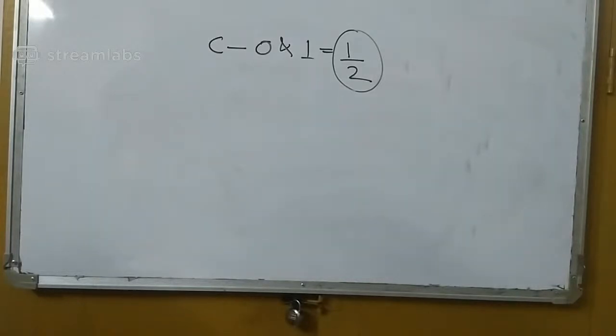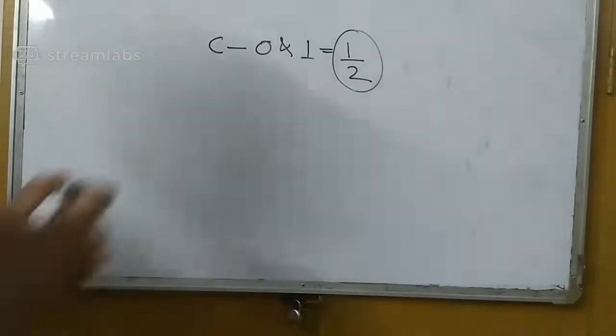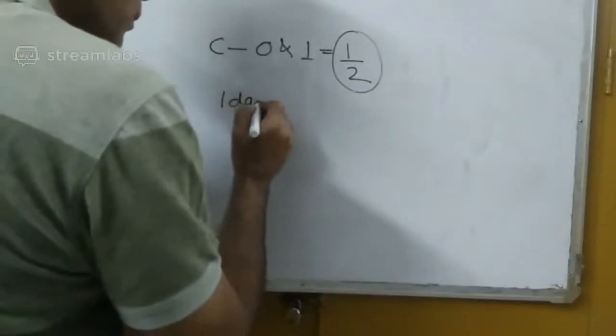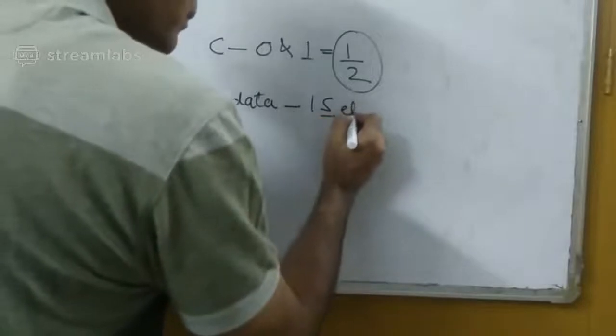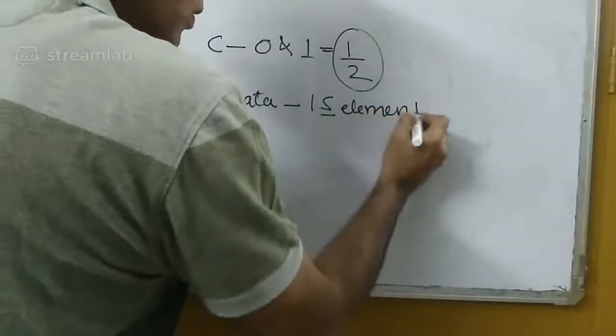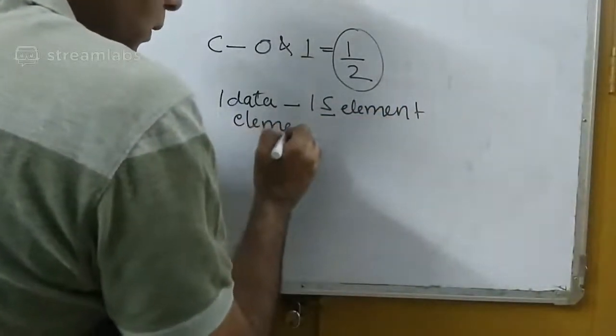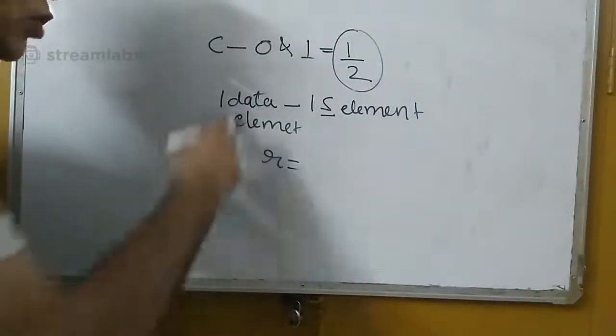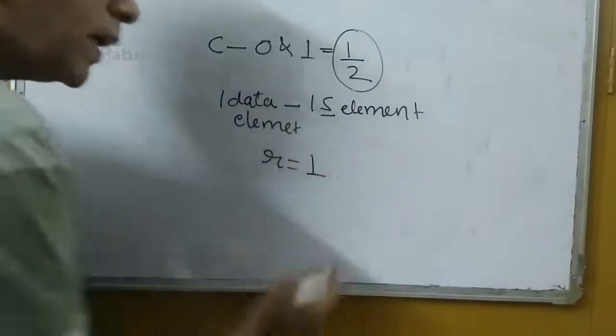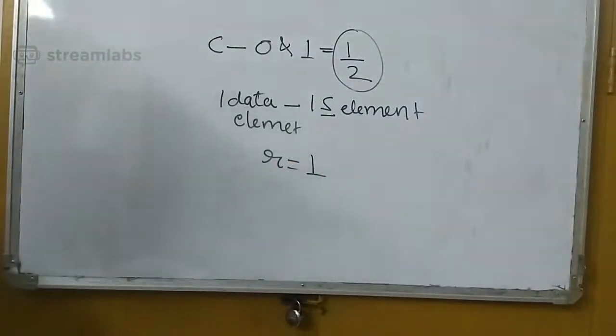One data element is encoded as one signal element. This gives me the ratio R, so my R value is 1.